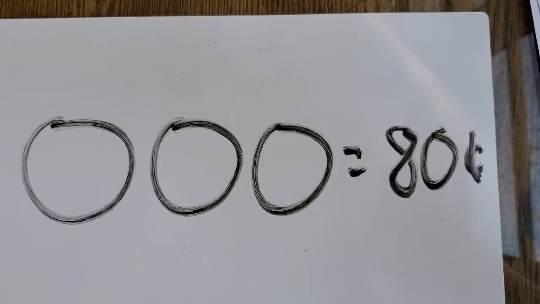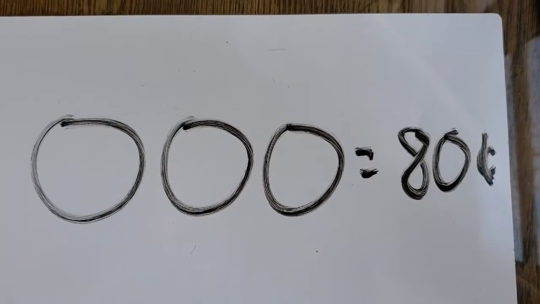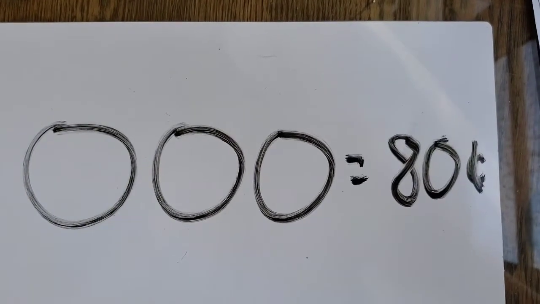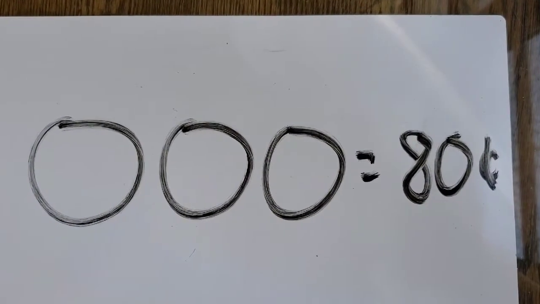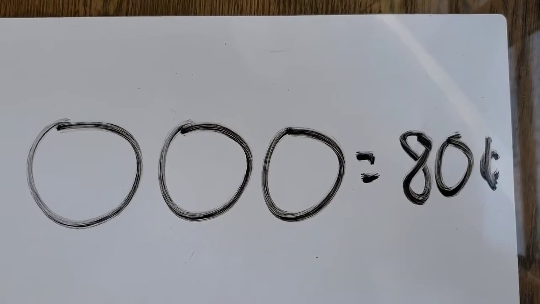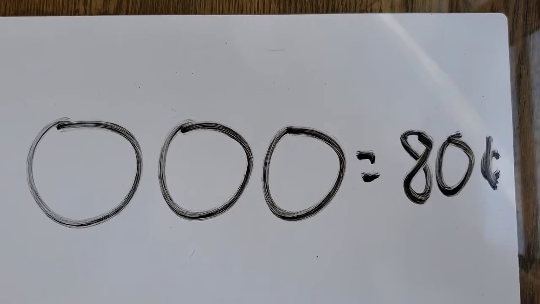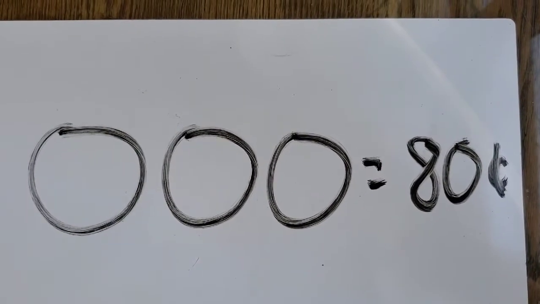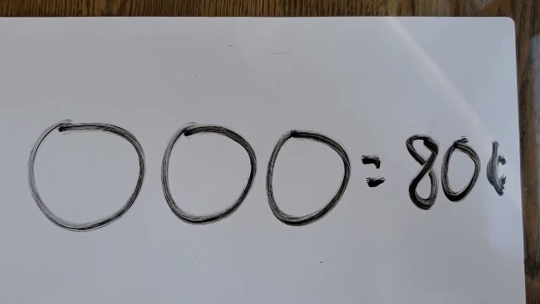I had you draw 3 circles the same size, and those 3 coins equal 80 cents. And when we do this, we want to start with the largest coin possible, which would be what? If you said half dollar, you're right. So in the first circle, I'm going to write 50 because that's how much a half dollar is worth.